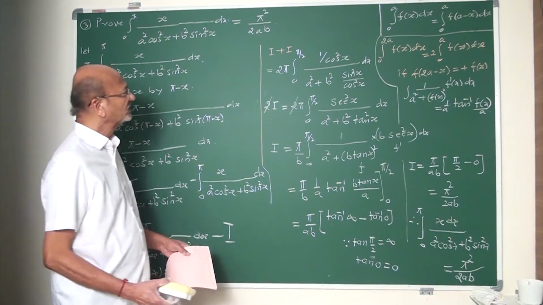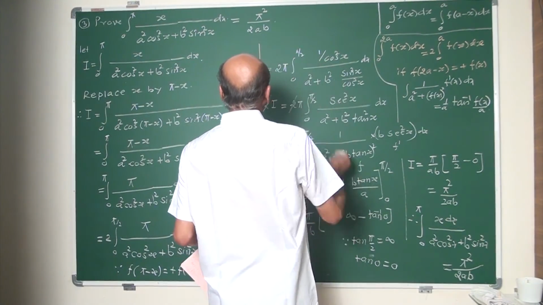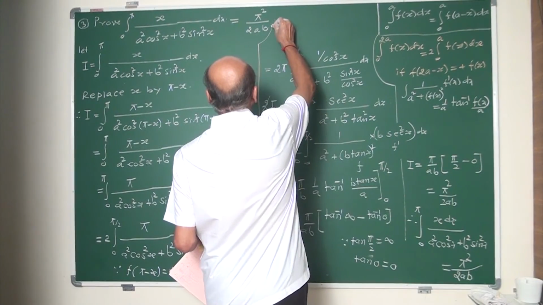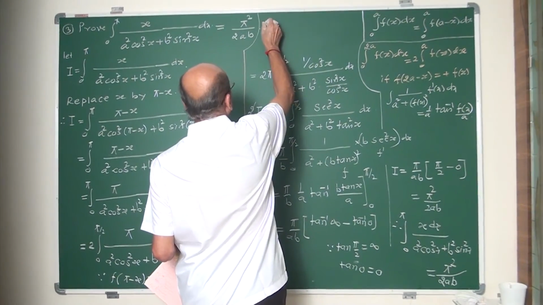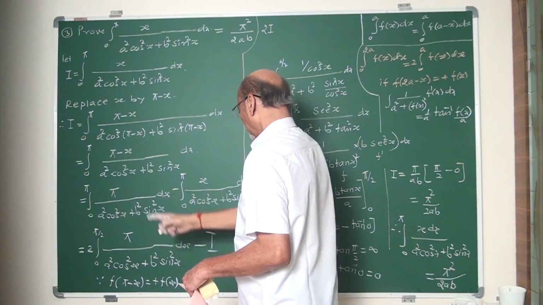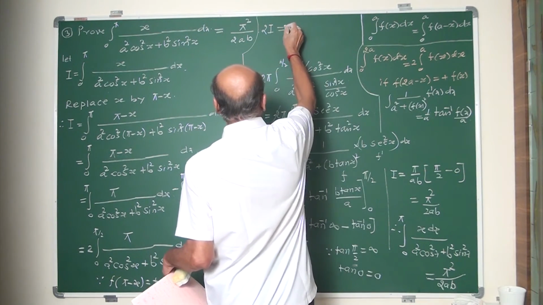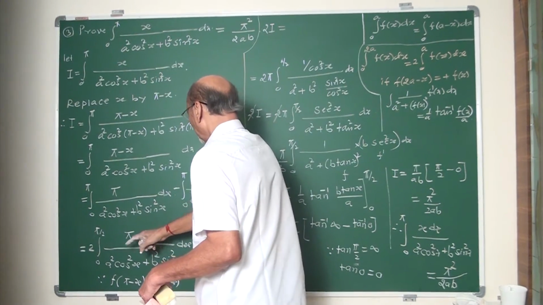Otherwise, you can write, if you wanted, one more step here. I plus I is 2i equal to, this pi is taken out.